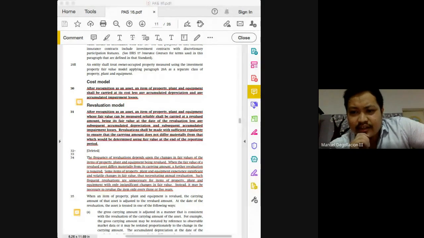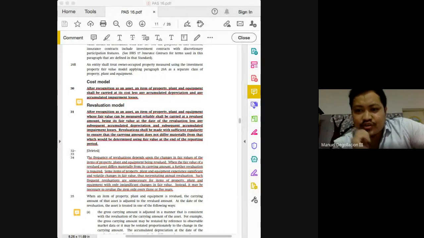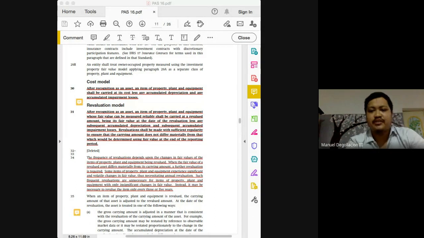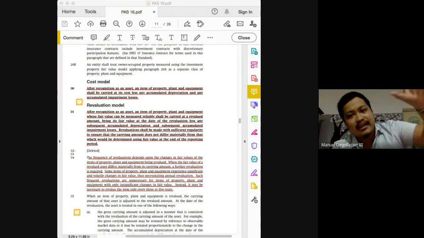Under the cost model, it is simpler. The original cost is used all throughout the life of the asset. Okay. On the other hand, the revalued amount will be different. Every time there is revaluation, the starting point of an asset's carrying amount changes. Supposedly, the carrying amount of the asset is the previous carrying amount less depreciation and impairment.